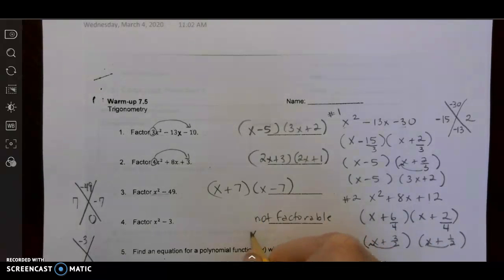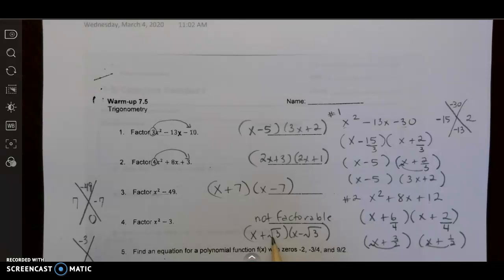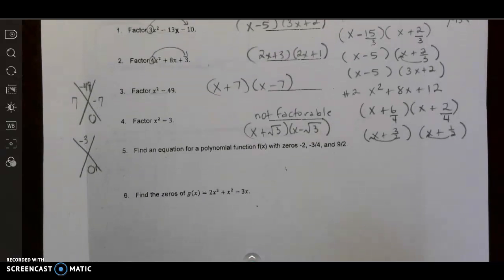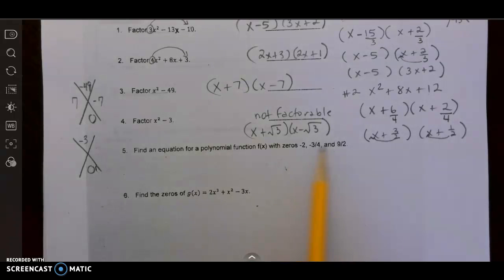I mean, technically you could say x plus the square root of 3 and x minus the square root of 3, because when you multiply them by each other, you get negative 3, and their sum would cancel, but normally we'd say it's not factorable.